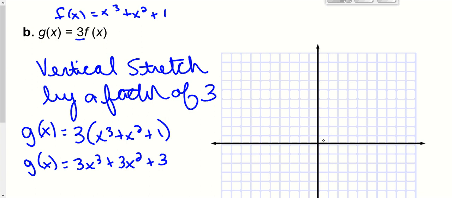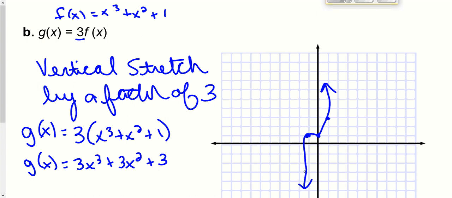So where before I had my graph, my original, that looked something like that, all I'm doing is stretching that, a vertical stretch by a factor of 3. If you plug that into a calculator, let's get those points real quick. That would be negative 2, negative 9.